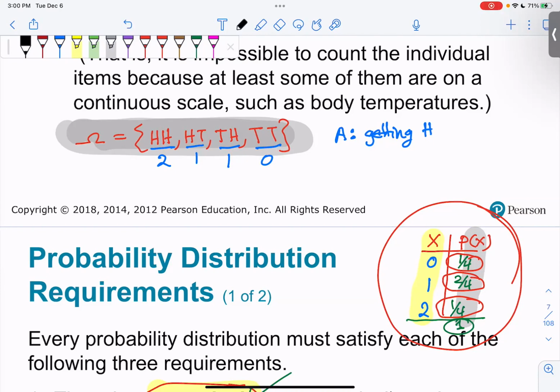Summation f times x divided by summation of f, right? So let me write it like this: summation of x times f divided by summation of f. This value is what? It is the relative frequency.